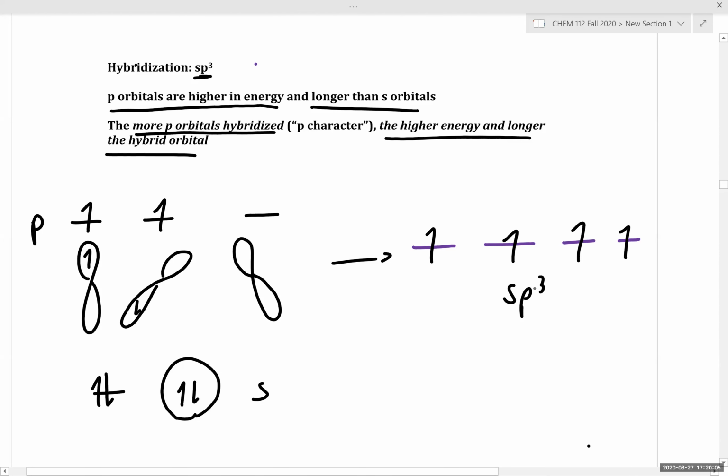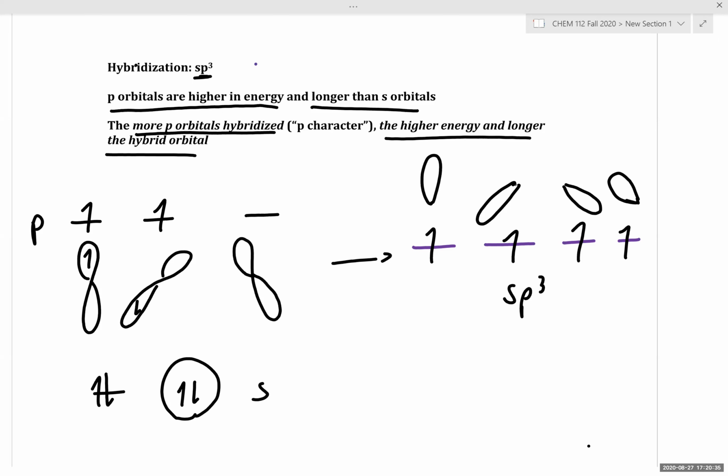That's why sp3 hybrid orbitals are relatively high in energy, because they have a relatively large amount of p character. And we'll see this when we start to look at other hybridizations.